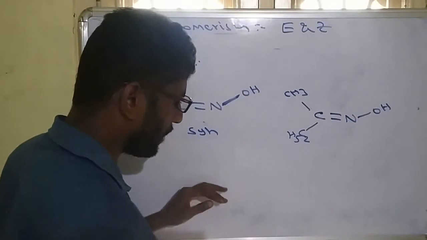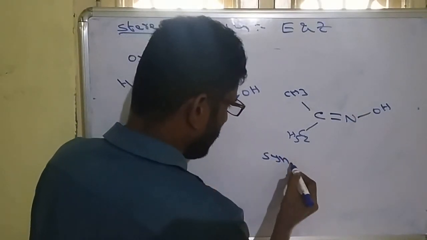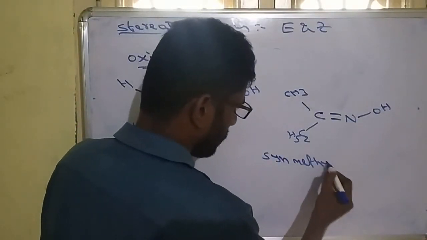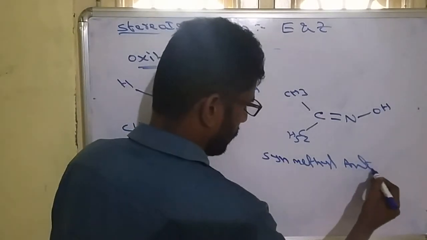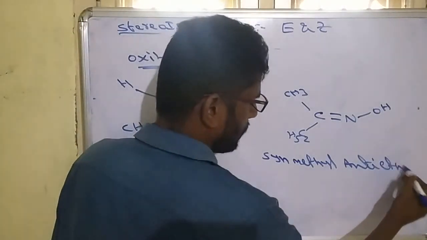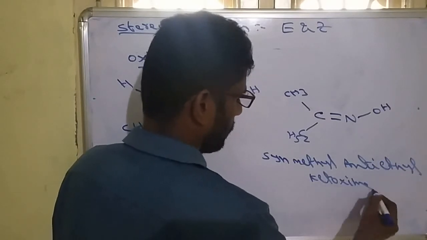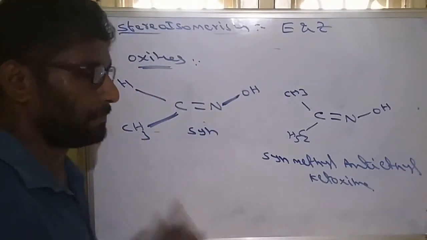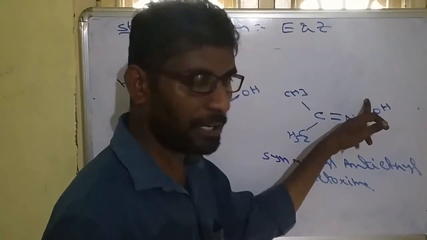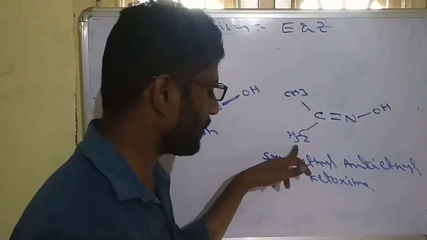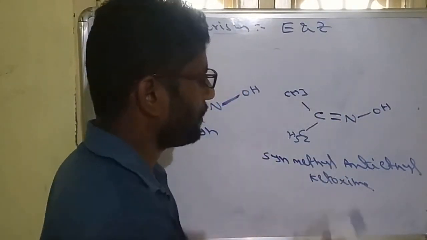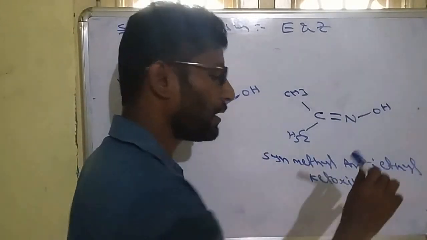So its name we can write as syn-methyl anti-ethyl ketoxime. The methyl position is syn, the C2H5 position is anti, so we write syn-methyl anti-ethyl ketoxime.